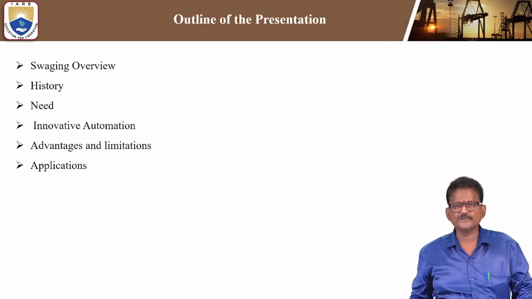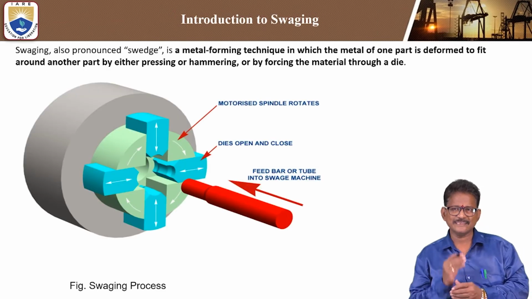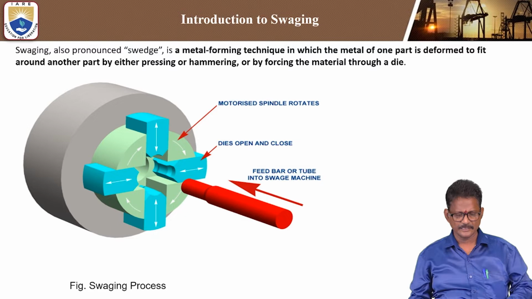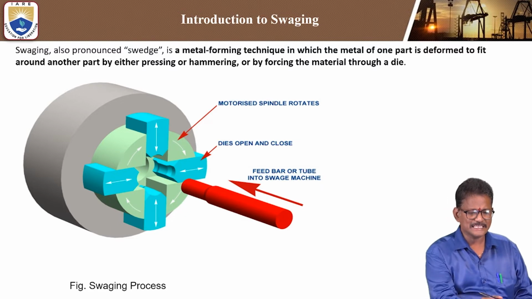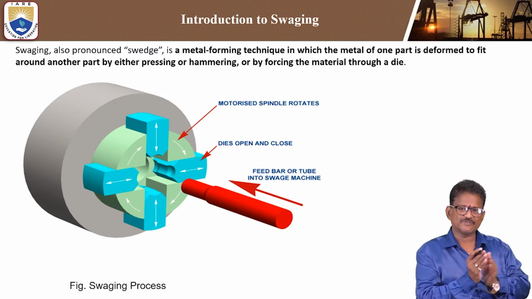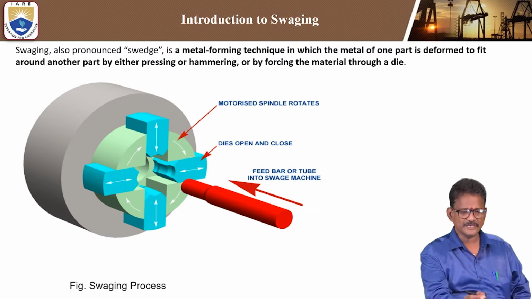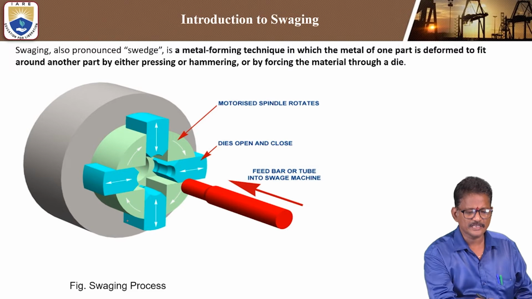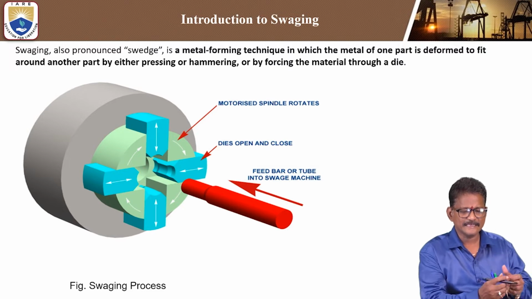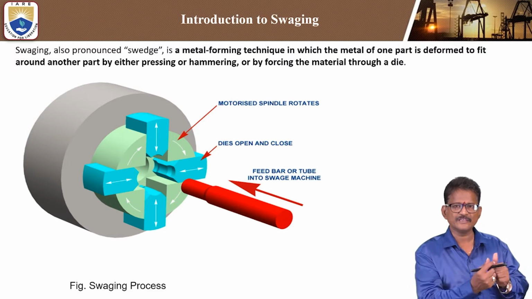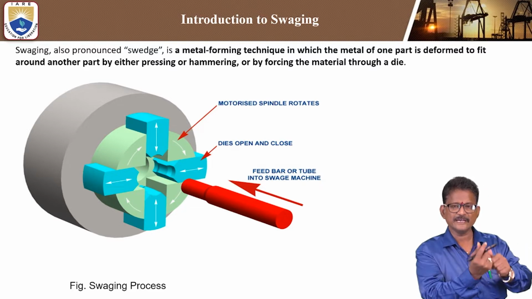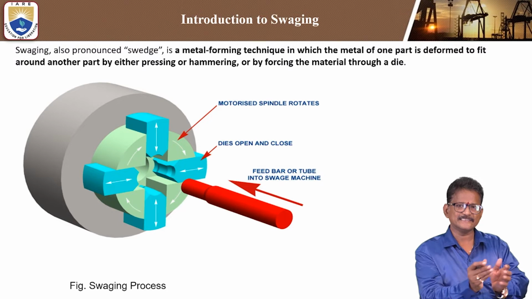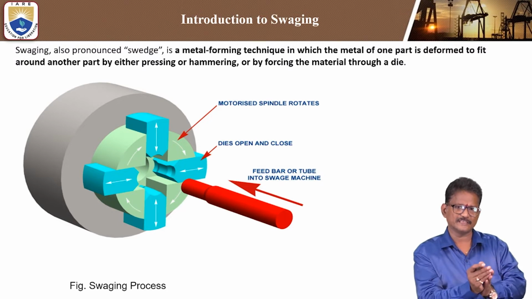Look at the main introduction of swaging. This diagram clearly shows the three-dimensional swaging process. It is like a four-jaw chuck. You can clearly understand that the dies open and close, horizontally and vertically, acting on a principle like a four-jaw chuck.